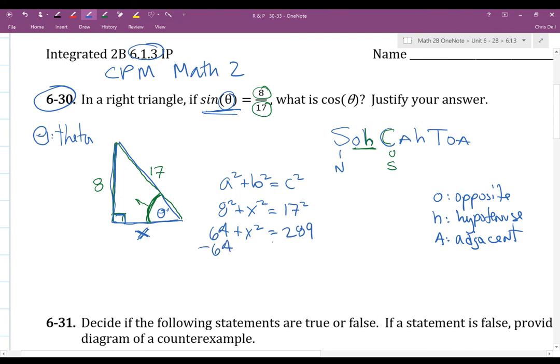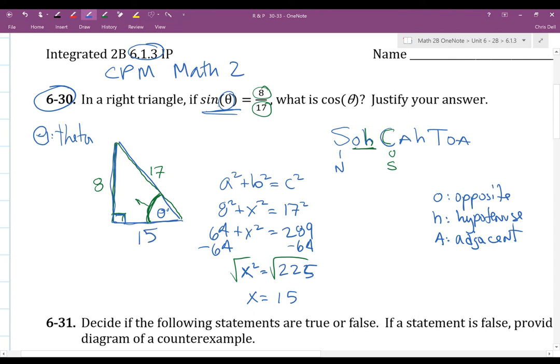So subtract 64 from both sides to get x squared alone. I end up with 225. And then to solve for x, remember, we take the square root of both sides to get x alone. So x in this case is equal to 15. The square root of 225 is 15. So I just found that the missing side is 15.